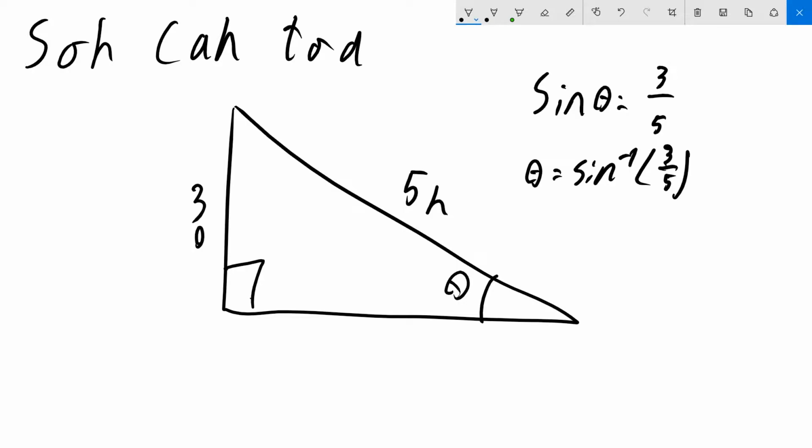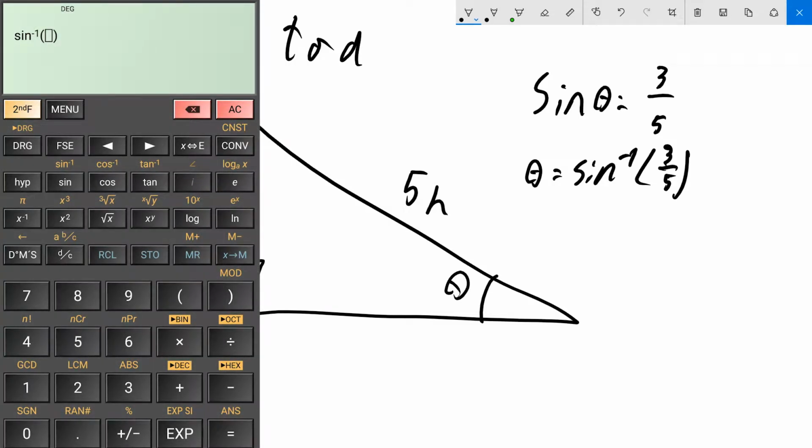Inverse sine of 3 divided by 5, and we get theta equals, rounding to 2 decimal places, 36.87 degrees.